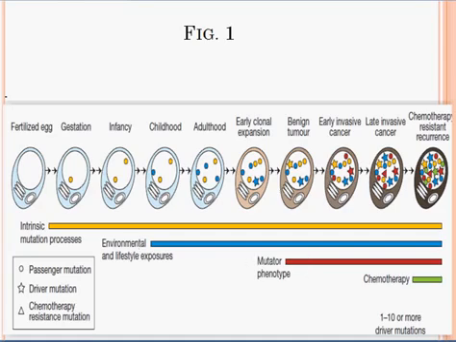Among these mutations you have passenger mutations, driver mutations, and chemotherapy mutations, which means passenger mutations drive the tumor, and they compete. There are different clones, and the more passenger mutations you have, the worse the prognosis.